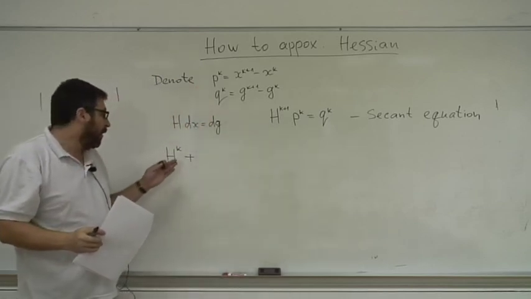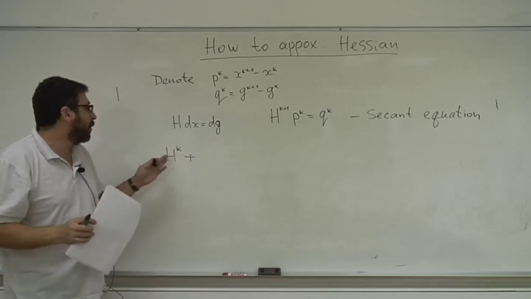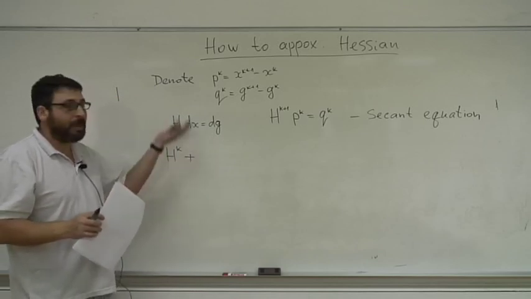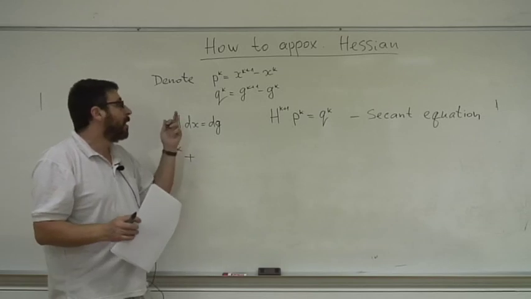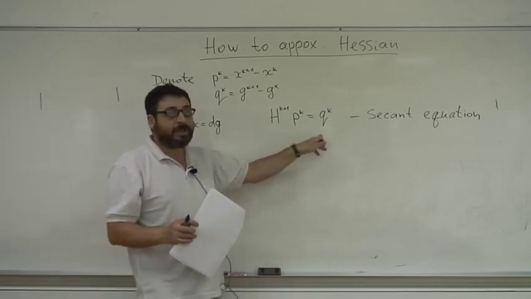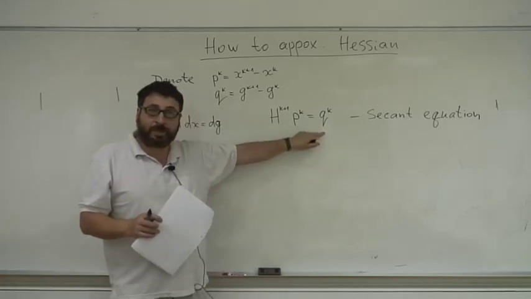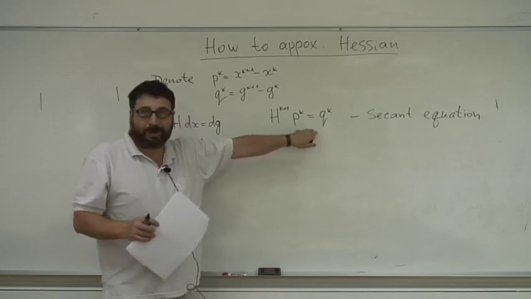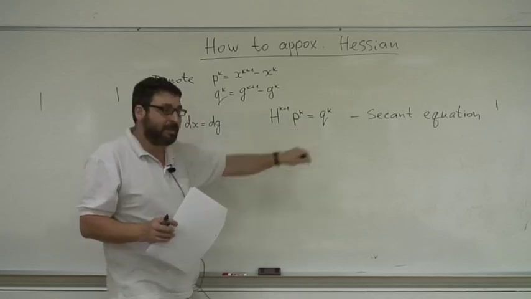And I will just ask, what is a rank 1 update of my previous model of the Hessian such that it will satisfy the secant equation for our last step, last differences.